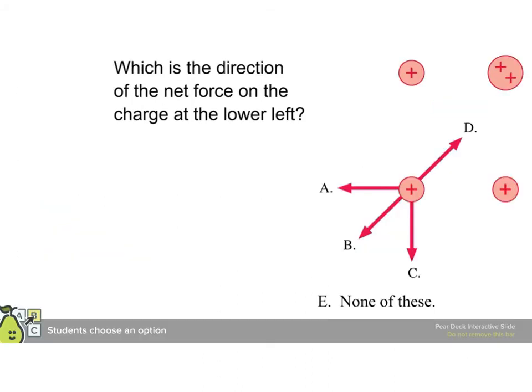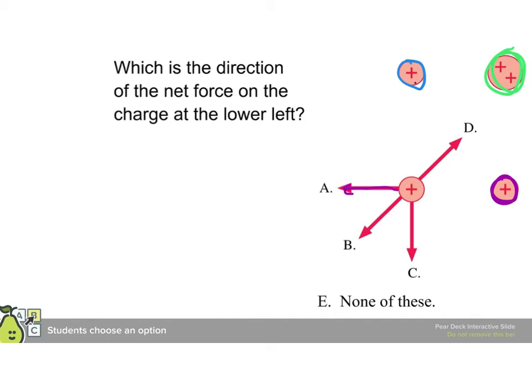Which is the direction of the net force on the charge at the lower left? So we want, what is the net force on this charge? Well, walking through it, if we give each of these their own color, so blue and green and purple. Well, the purple charge repels the other charge this way. Hey, just like that one.